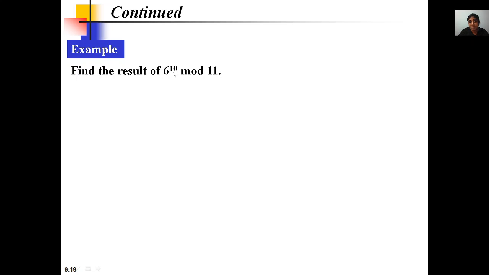Whenever it is less than p and is in the form of a power p minus 1, which is congruent to 1 mod p, here the p value is 11, and a power p minus 1, that is 6 power 11 minus 1, is there.